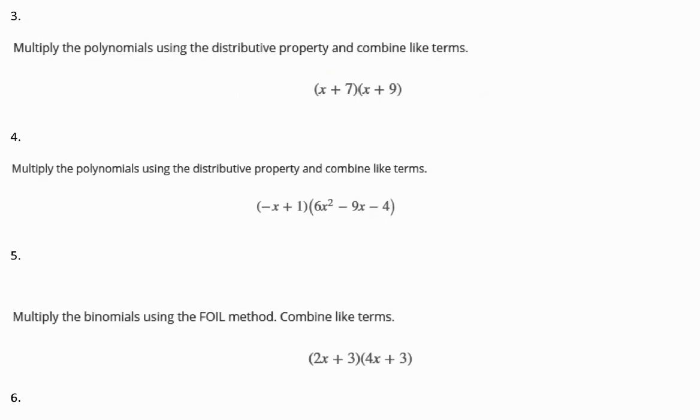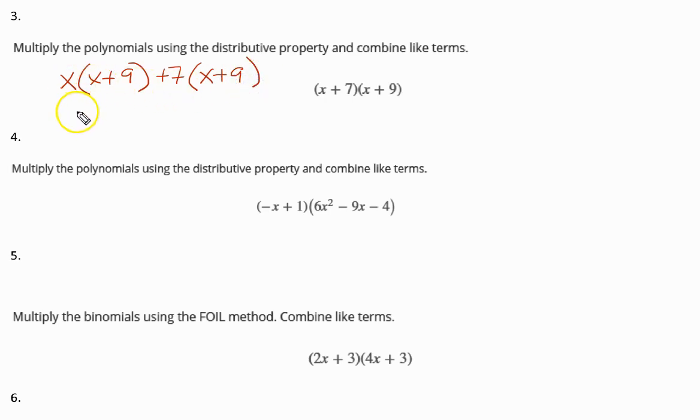Now, there's a number of ways to do multiplication of binomials, and the more traditional way is this. You take the first member, x, and multiply it by the second binomial. Take the second term in your first binomial and multiply it by the second binomial.